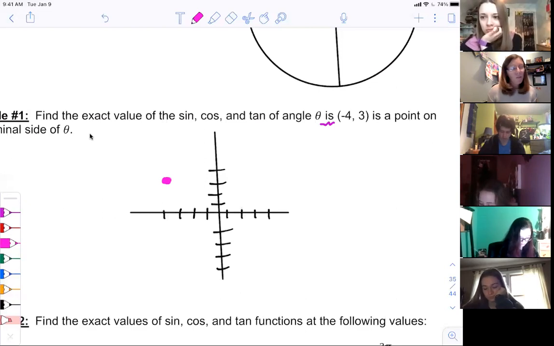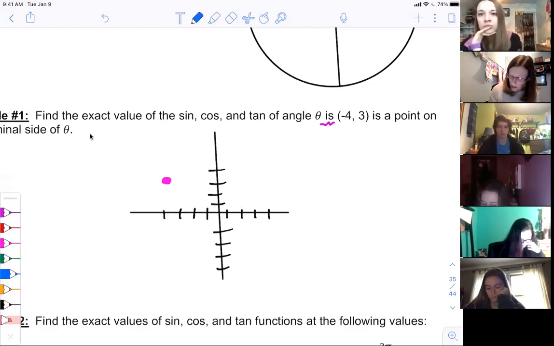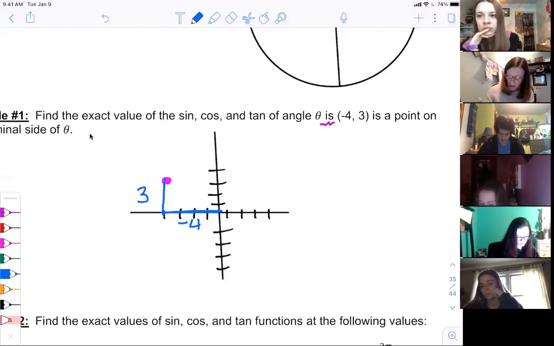So now this point is going to create a triangle for us. The way that triangle is created is by using the base as our X, which we know we went over -3 or -4. We go up the distance of Y, which is +3.